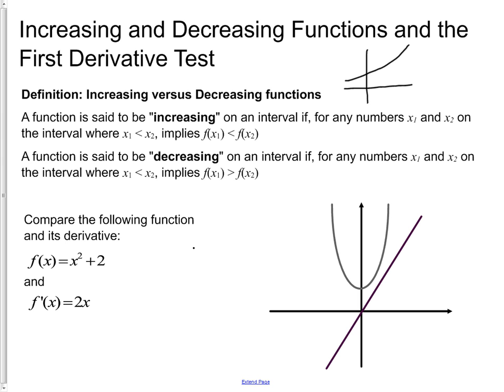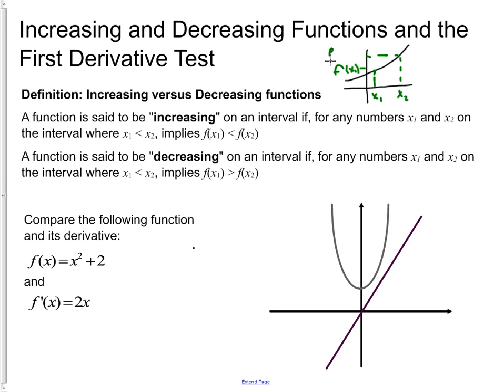We can say about this function that when x1 is somewhere to the left of x2 along the x-axis, f of x1 is less than f of x2.